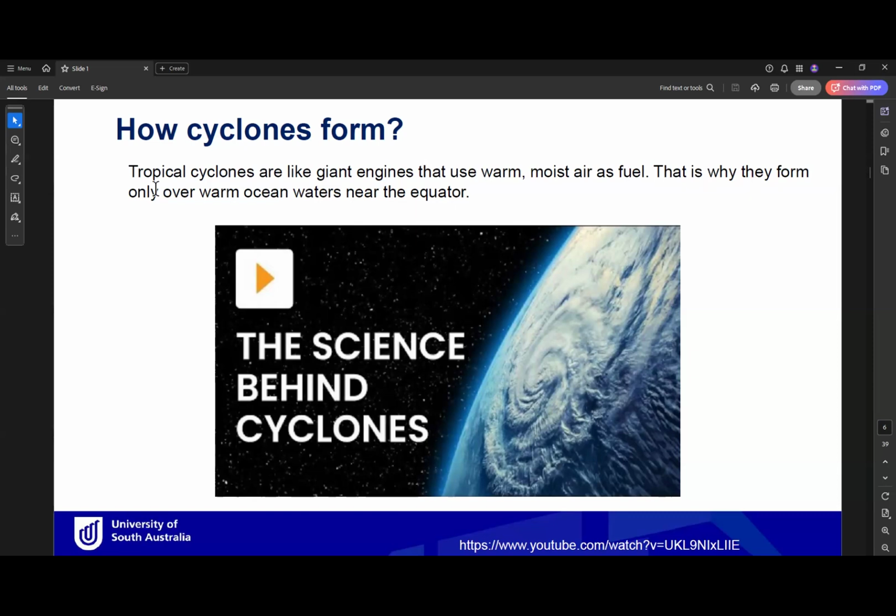That's why they form only over warm ocean water and near the equator. Because Australia has some areas near the equator, cyclones are likely to happen in Australia. This video will show us an example of a cyclone.